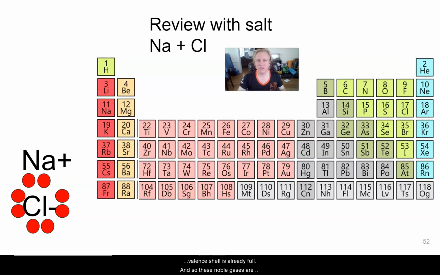It's already full, and so these noble gases are not going to want to react. Everything in this noble gas group has similar properties. They're all non-reactive. Everything in the halogen group is very close to having a filled outer shell, so everything in this group is very reactive.